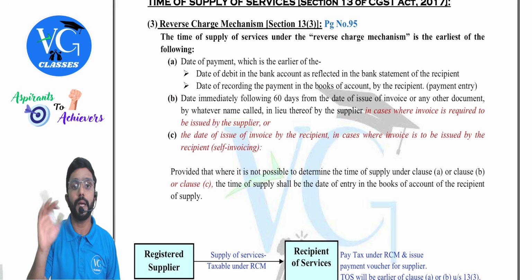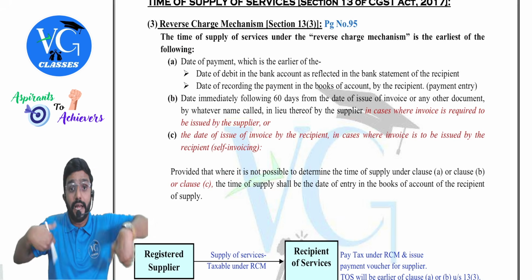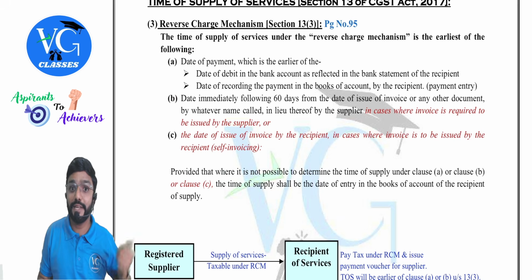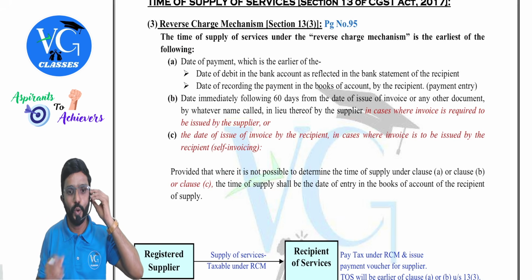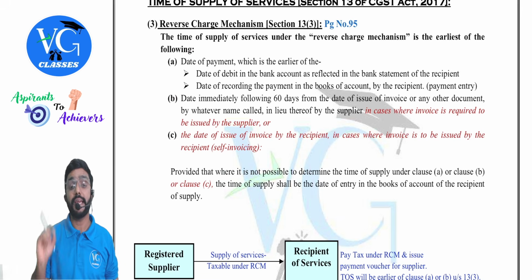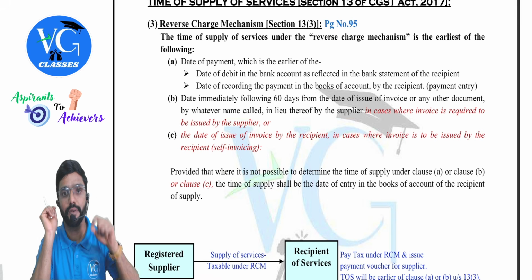Sir, what if the supplier is not the one who is in charge to issue the invoice? Recipient has to do self-invoicing. Now we saw, if the supplier is not registered, then the recipient has to do self-invoicing. In that case, clause B will not be applicable. We should take A or C, whichever is earlier.